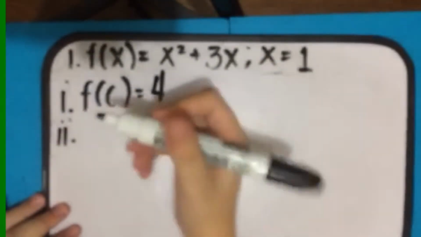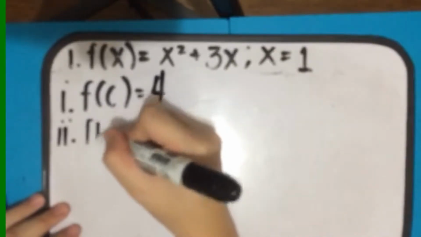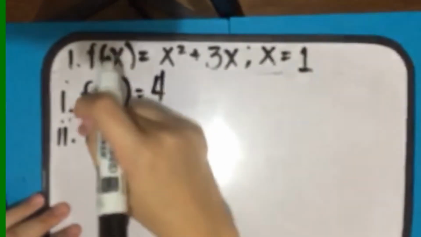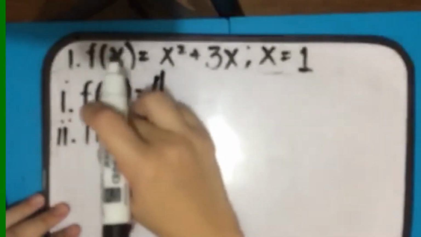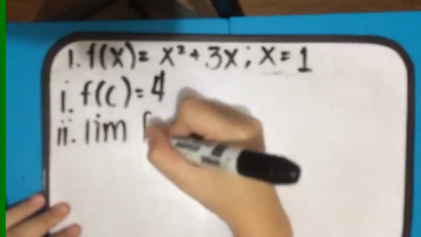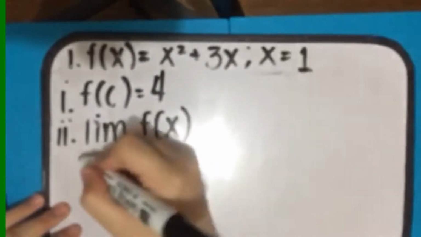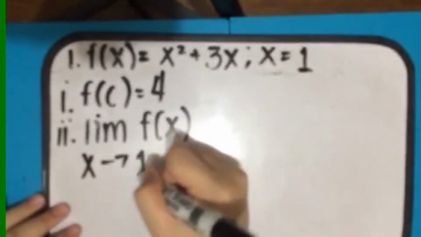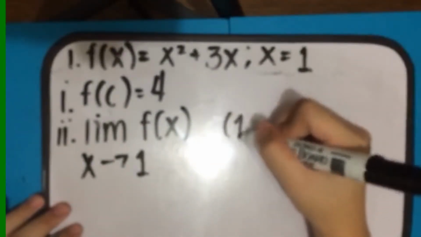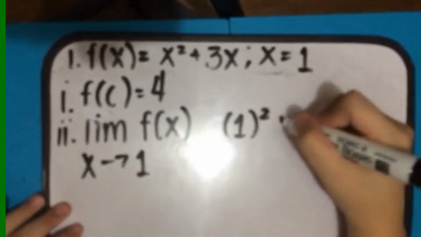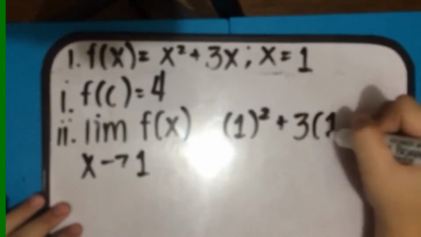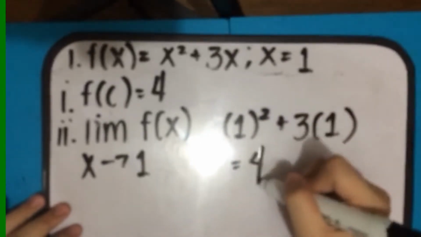Second condition, the limit of f of x as x approaches 1. Substituting 1 is a shortcut to get the limit, which is also 4.